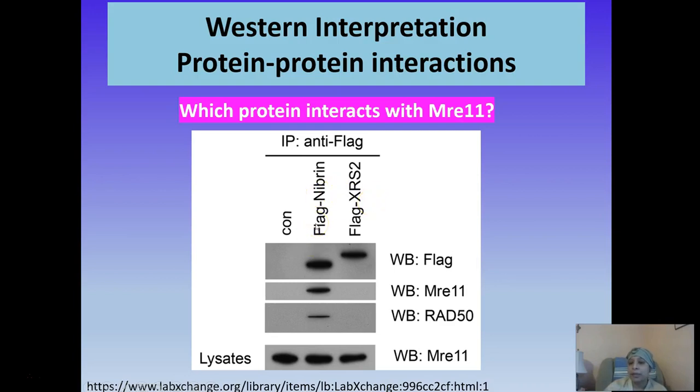The flag label is going to allow us to immunoprecipitate it out without having the Nibrin antibody, for example. So we use the anti-flag antibody to pull out anything that is flag-tagged. And so our flag-tagged proteins were Nibrin and XRS2. So when I use antibody for flag, both of those will light up. We will have XRS2 and Nibrin show up, showing that both of them were indeed flag-tagged, and we were able to see them. So we see our two proteins, and we'll know which one is which based on the molecular weight. These were two proteins that we thought might interact with MRE11.